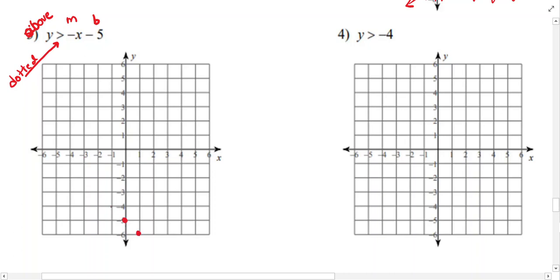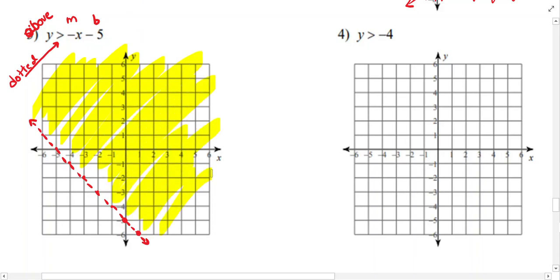There you go, so this is just to help me make a dotted line. So here I go. Okay, and I'm going to be shading above. Ooh, let's use highlighter.